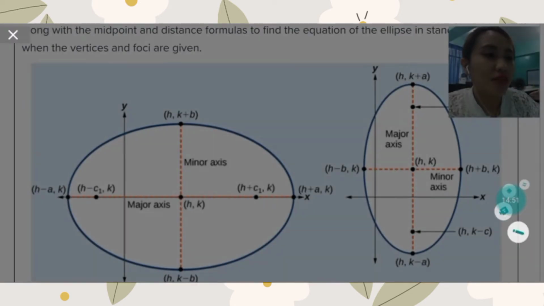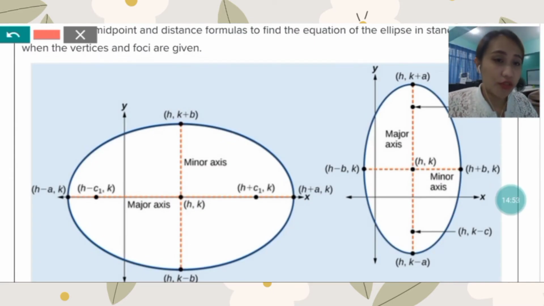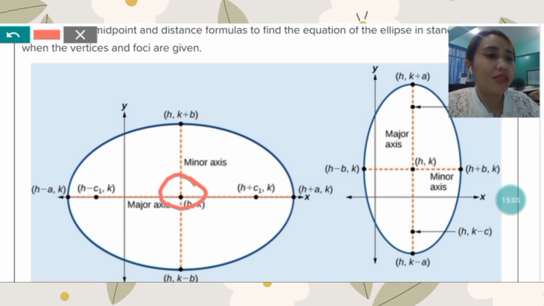So these are illustrations of ellipses not on the origin. This one right here, the center (h, k) is at a point on the x-axis, and this one right here, the center can be located inside quadrant 1.